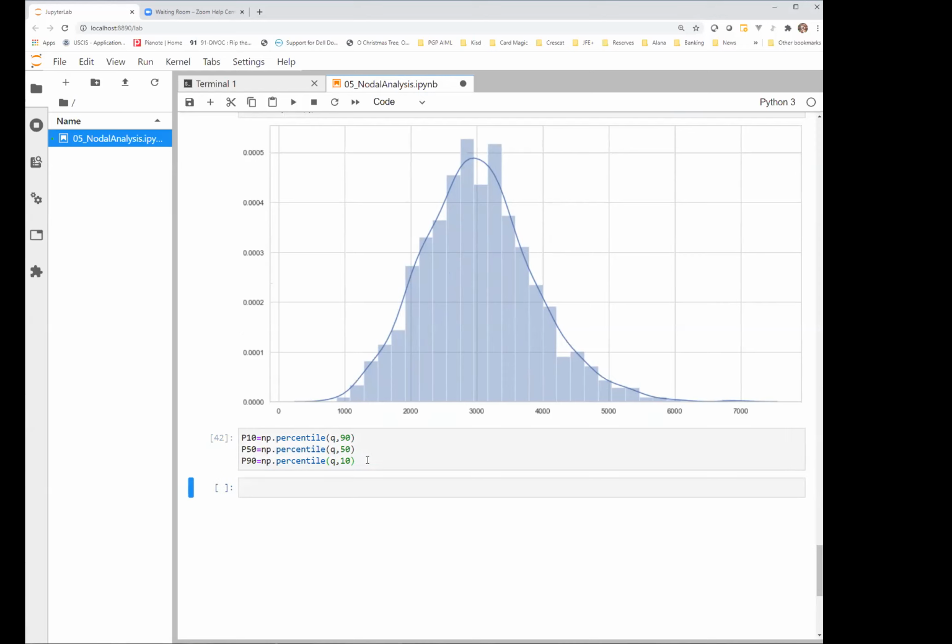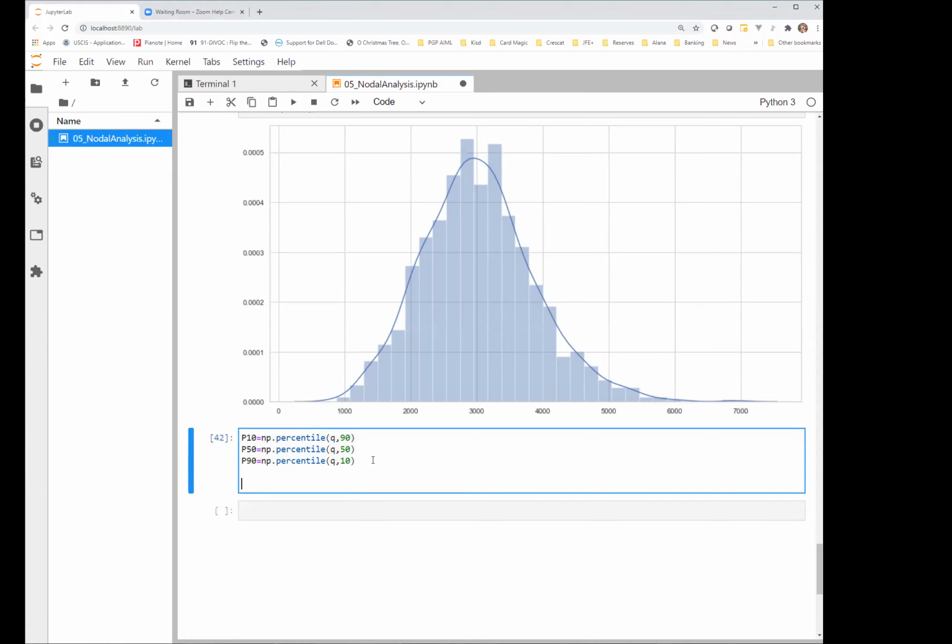Let's see if it's working. Perfect. And now I can also extract from NumPy the values of the histogram, assuming a bin size of 150. We can change this; it's not going to change that much, only the resolution.